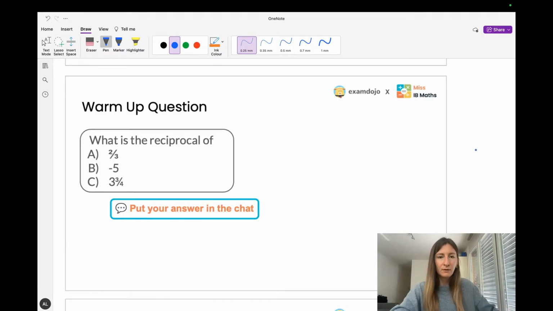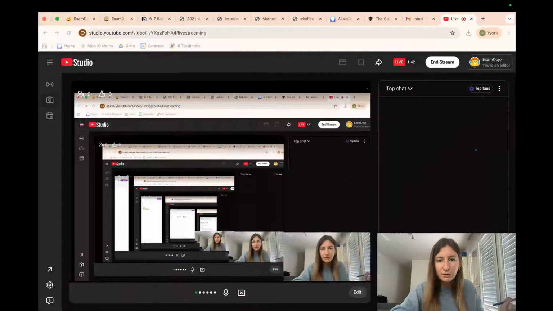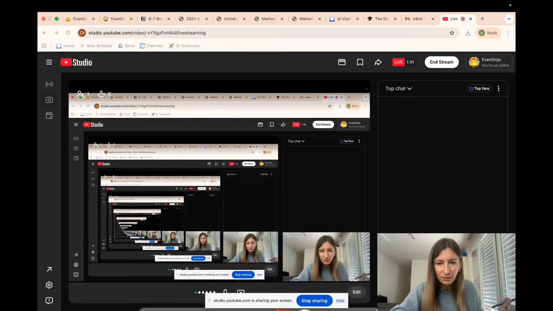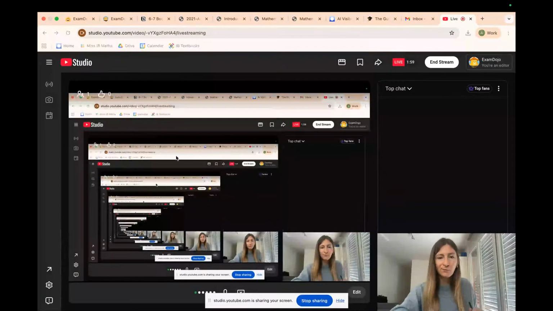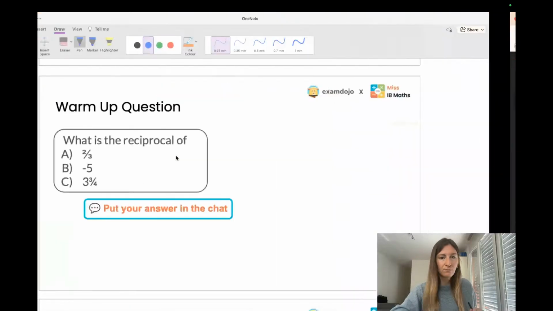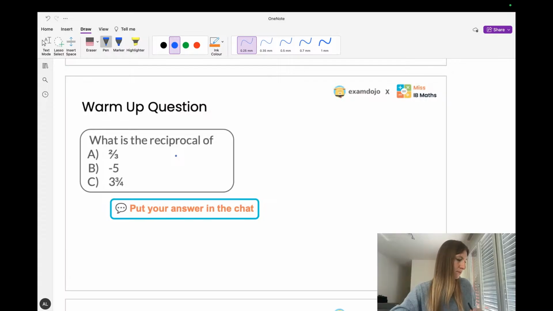Don't know if it's just loading. So let me just try that again because I can't see it on my iPad. Could anyone confirm if you can see my screen? Maybe it's just a loading issue.